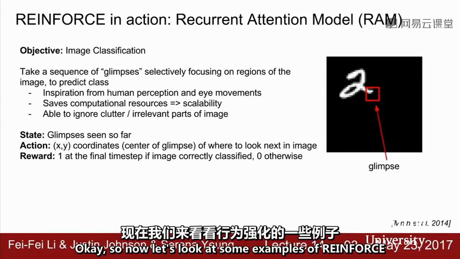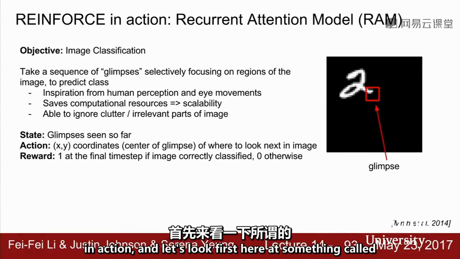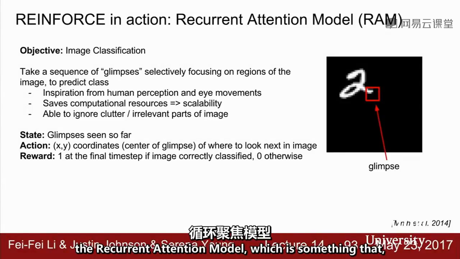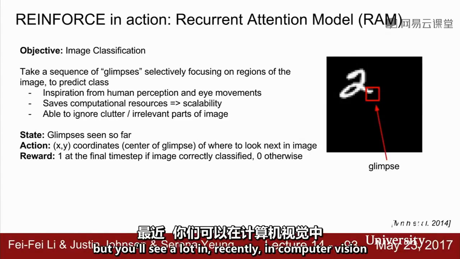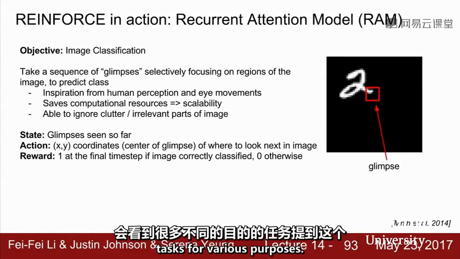Okay, so now let's look at some examples of REINFORCE in action. Let's look first at something called the recurrent attention model, also referred to as hard attention, that you'll see a lot recently in computer vision tasks for various purposes.